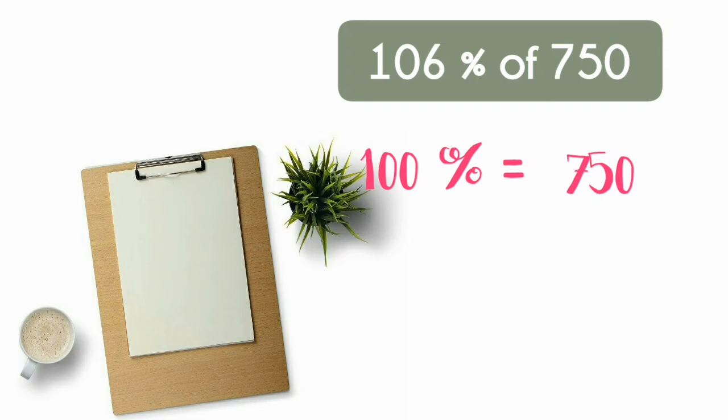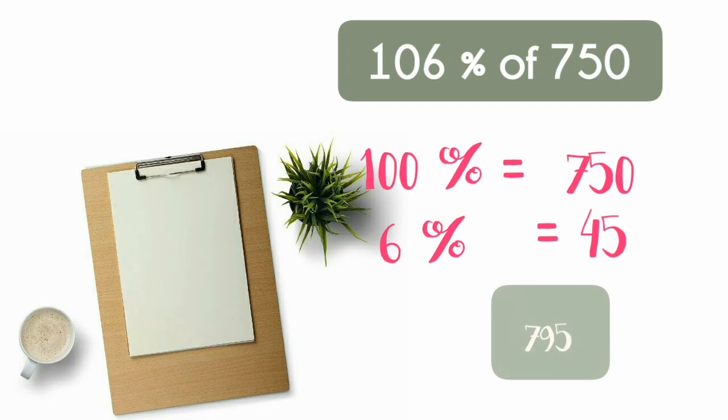We multiply the 7.5 by 6, which is 45. 10% is 75. In this we have to add the 6% and we get the answer, that is 795.